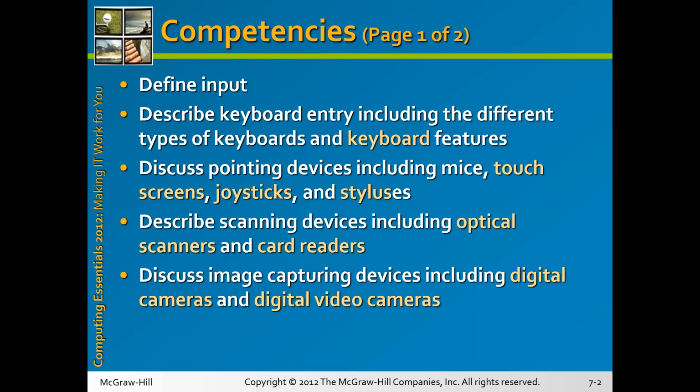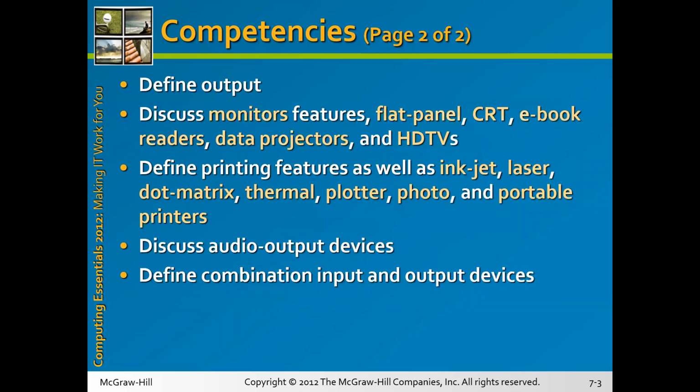Discuss pointing devices, including mice, touchscreens, joysticks, and styluses. 4. Describe scanning devices, including optical scanners and card readers. And 5. Discuss image capturing devices, including digital cameras and digital video cameras.